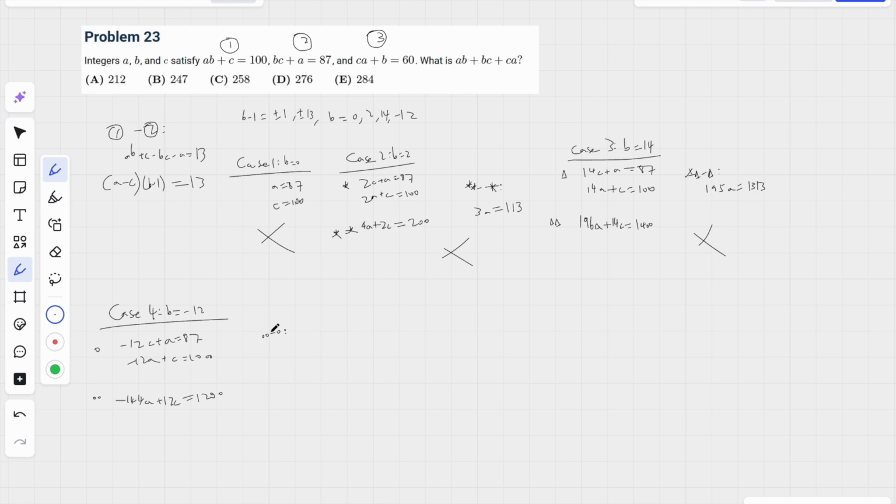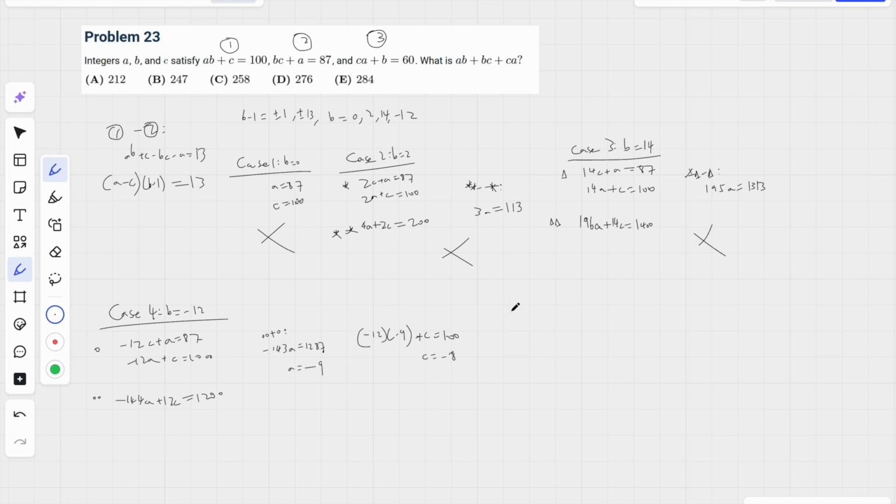Here, if we add them together, we get negative 143a equals 1287. And so a equals negative 9. If we plug this back in here, we get negative 12 times negative 9 plus c equals 100. So c is negative 8.